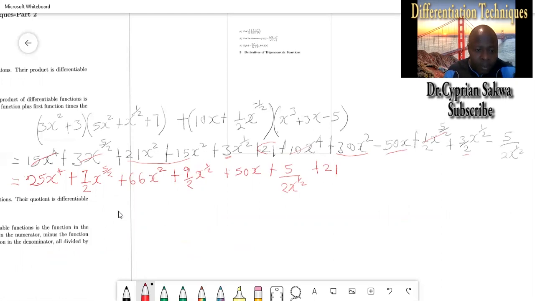Now let's put this under the same denominator. And our denominator is 2x raised to a half. Just create enough space for my numerator. Denominator is 2x raised to a half.